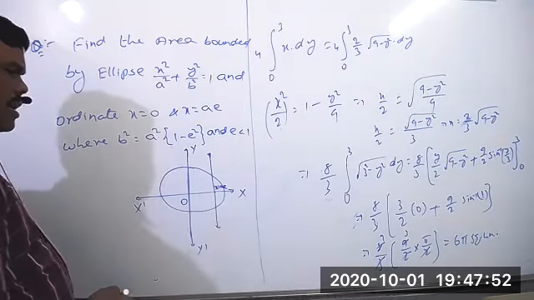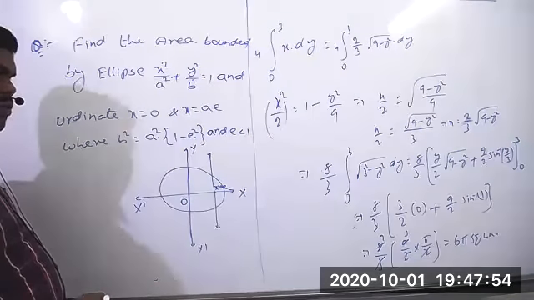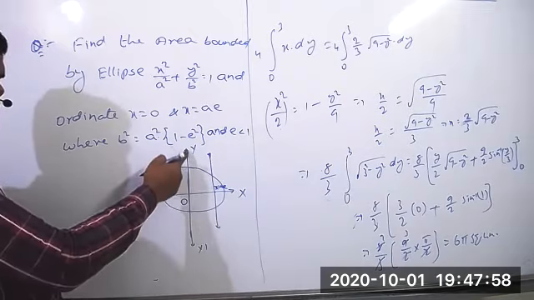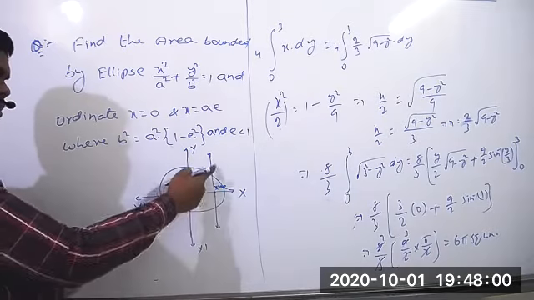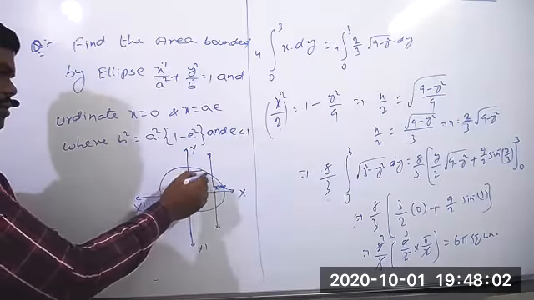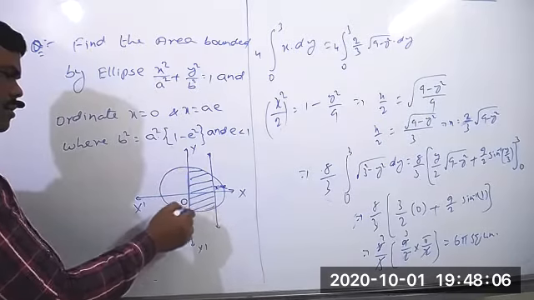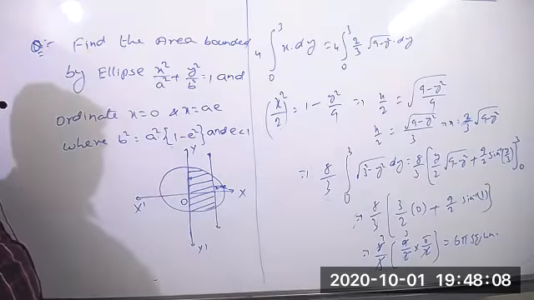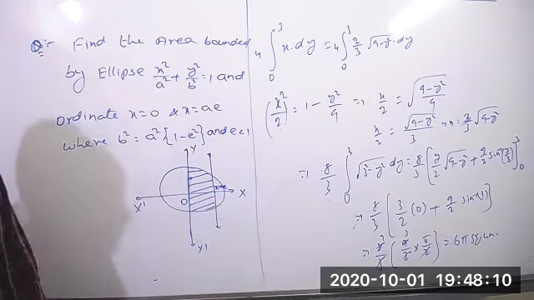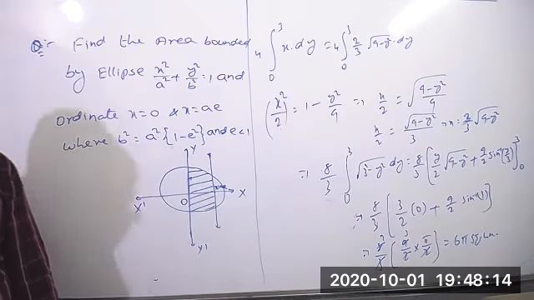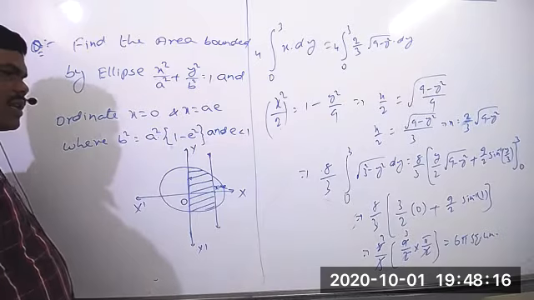Now, the area bounded by the ellipse and x equal to 0 and x equal to ae, what do you get? Tell me now. This is the area, correct? Now this area we have to find. What are the limits we'll take here?